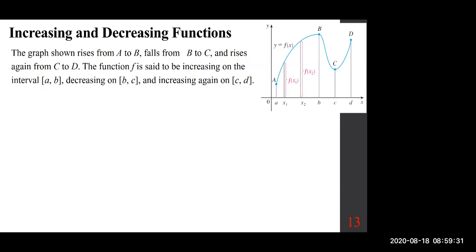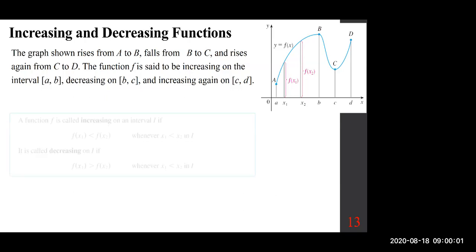For example, if you look at B, at the point B there, is B increasing or decreasing? If you read this, the function is said to be increasing from A to B, and then it's decreasing from B to C. B is both increasing and decreasing. The point B itself. That's why it's a good practice to use parentheses.